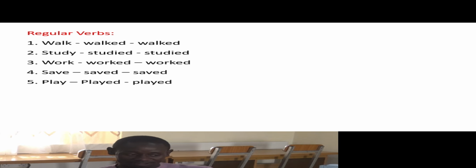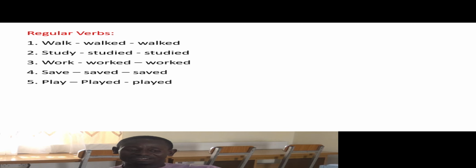And that's the past form of the verb work. We have also the participle repeating itself. Study, studied. Work, worked. Save, saved. We have also play, played.